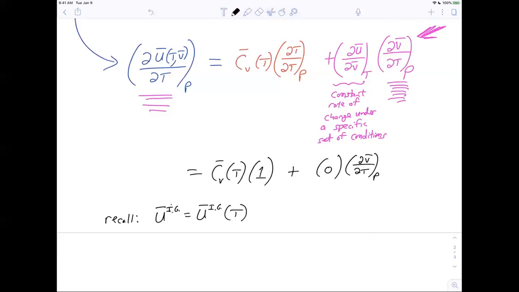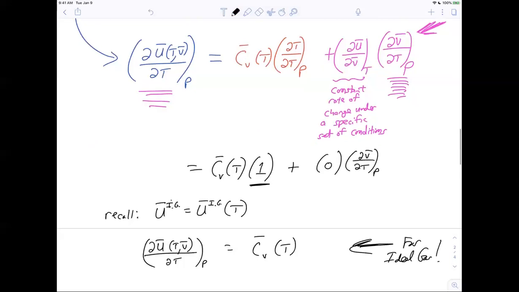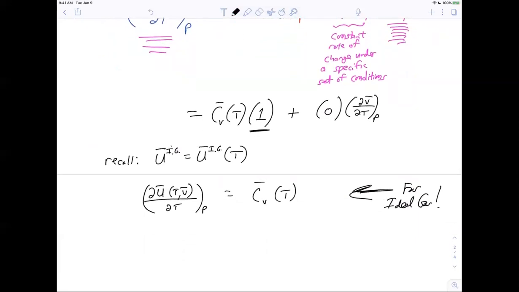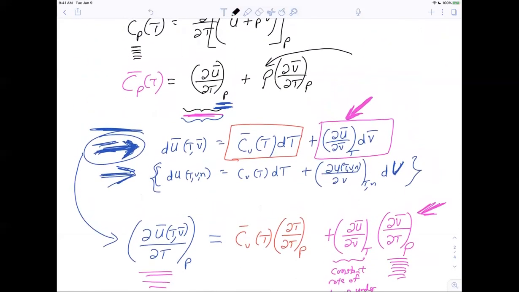So the partial of U bar with respect to T at constant pressure is just equal to Cv bar of T. And since that's multiplied by 1 here, we don't have to worry about it. So this is what we get for an ideal gas. Okay, did everyone see that? That's great, because now what we can do is put that result here, because this is what we were after, right?